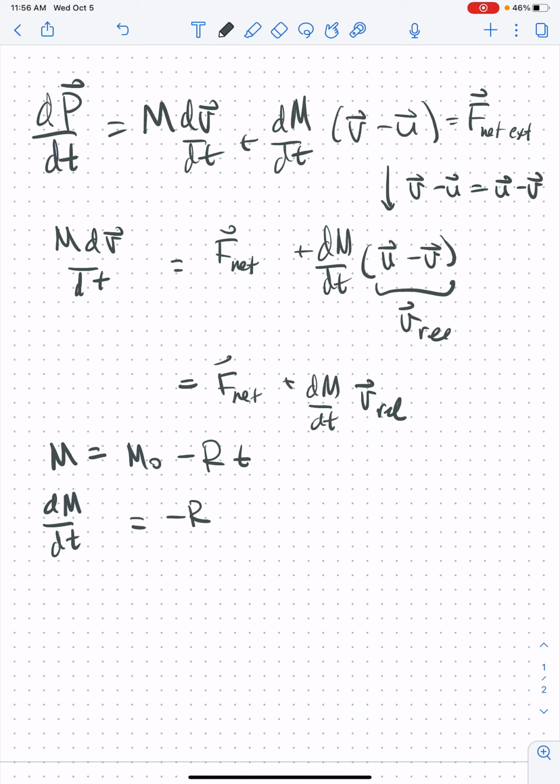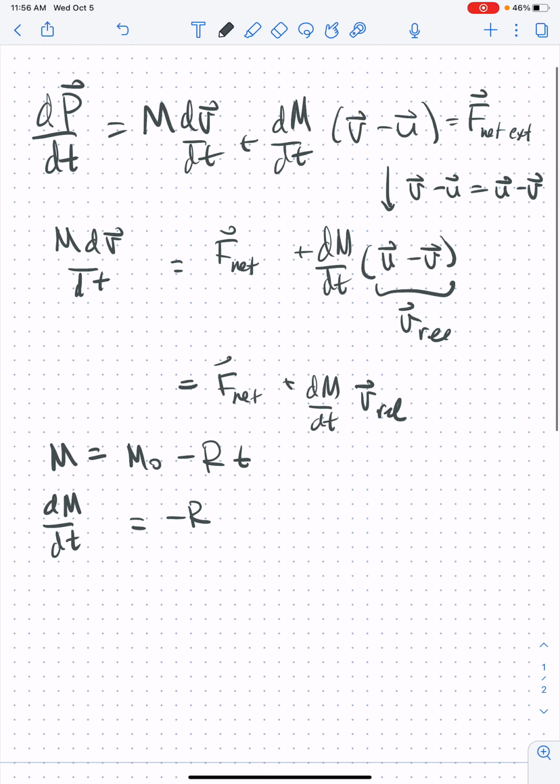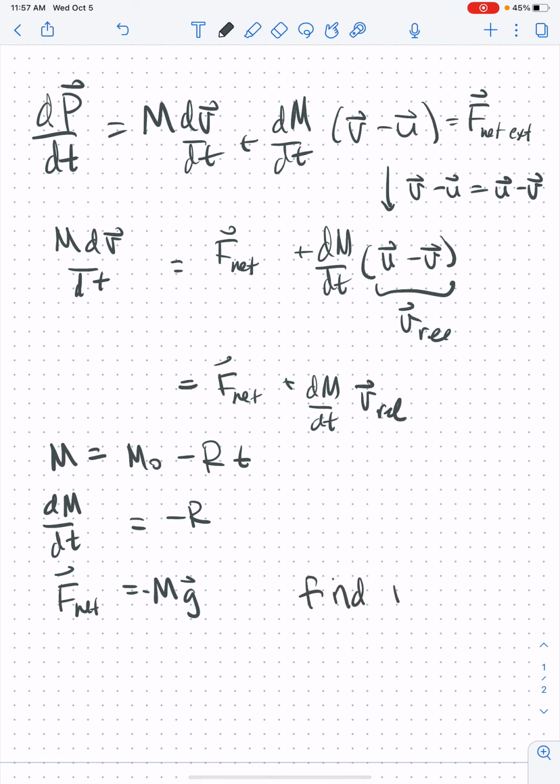And in this situation where we've got a rocket, we would assume that the net force is that of gravity, so that's negative mg. And then we can use this equation to find v as a function of time, okay?